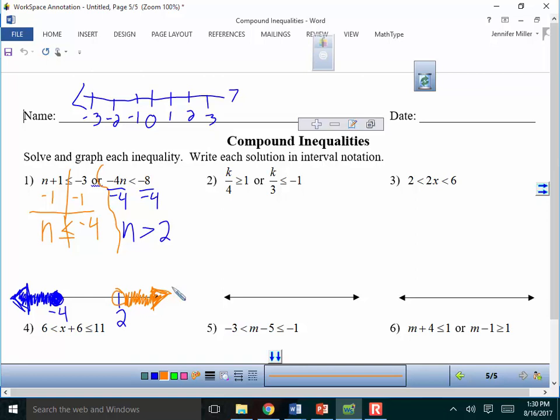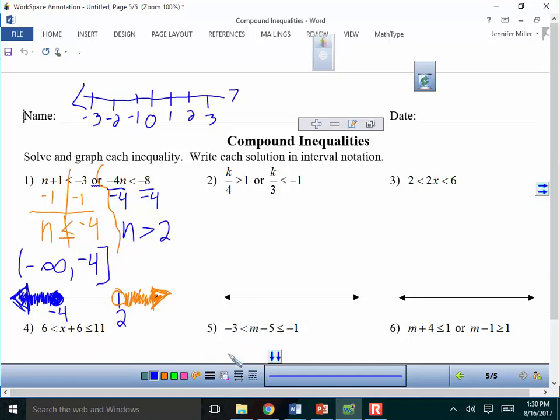So let's start writing the blue part. How would I write the blue part in interval notation? Open parentheses, negative infinity, to what? To what? -4. And is there a parenthesis or a bracket there? Bracket.